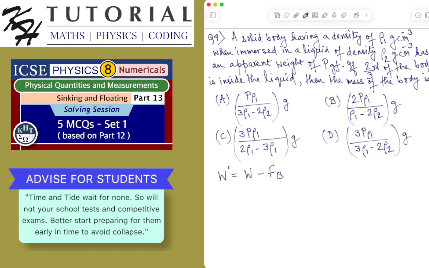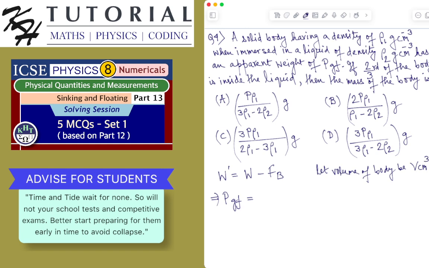So the apparent weight is given as P gf. This implies P gram force is equal to W minus the buoyant force. We don't know the W. Let's say the volume of the body be V centimeter cube.